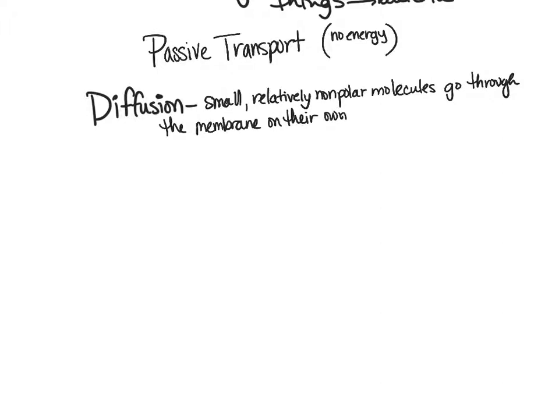And when we talk about things going through the membrane on their own, and we're talking about passive transport, remember we're talking about things moving from areas of high concentration to areas of low concentration. So again, we're moving down the concentration gradient. So if we take a look at this, let's say we have our plasma membrane, right?